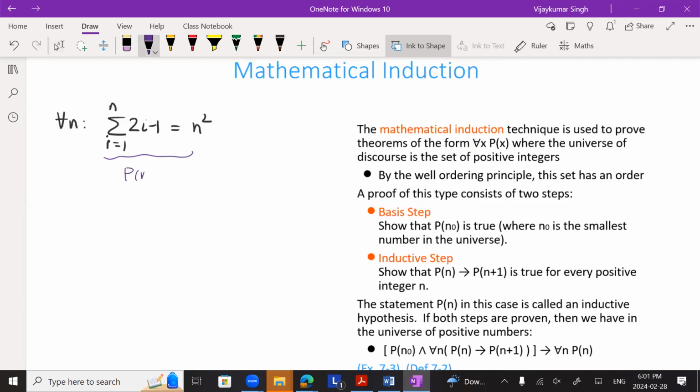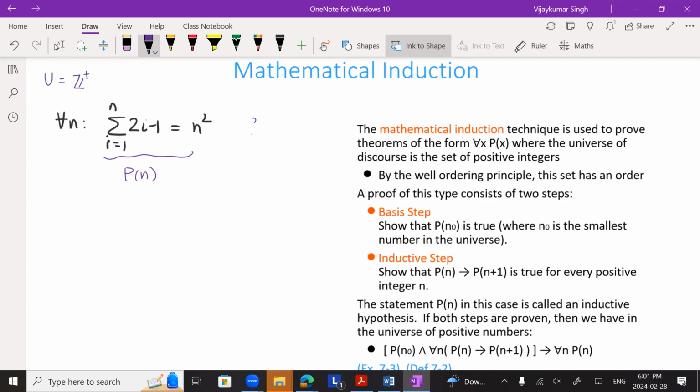Pn. You can replace that n by x. So this is a statement for all n in your universe, which is basically the positive integers; in particular here you are starting with 1 and going onwards.